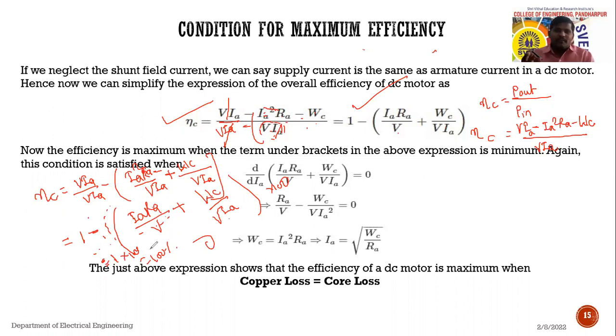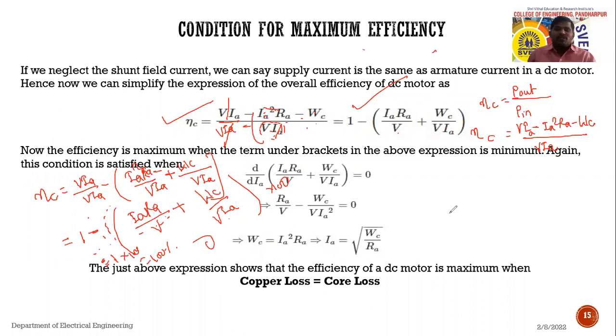Now we will check at what condition this term becomes 0. The efficiency is maximum when the term under the bracket in the above expression is 0.